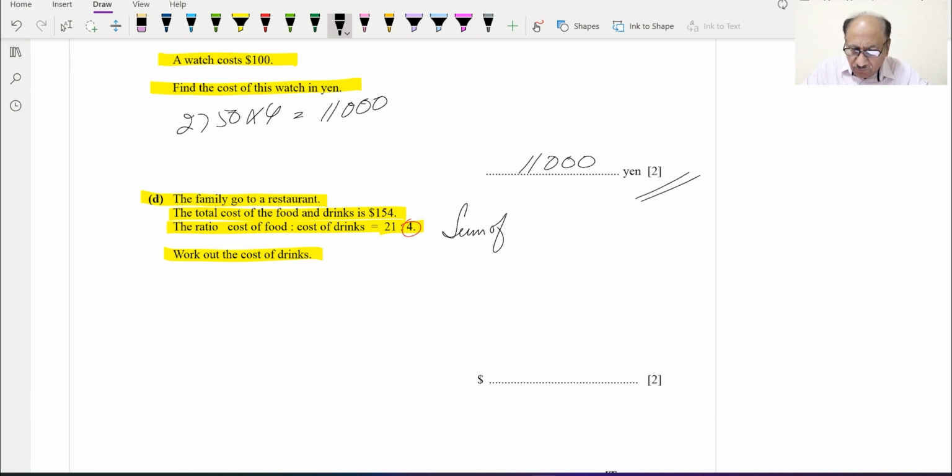So the sum of ratios we can check. This will be equal to 21 plus 4, which is equal to 25.